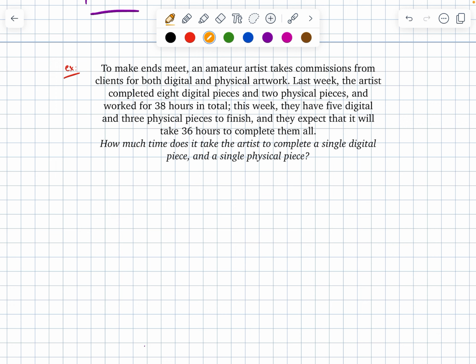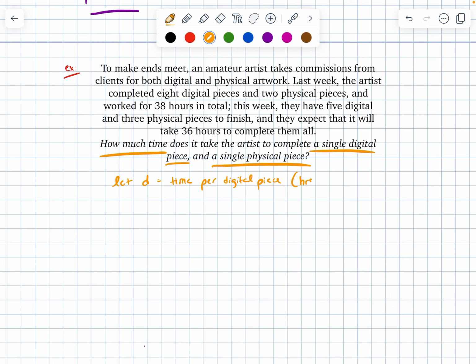Okay, let's get artistic. So, looking at my last sentence, I'm looking specifically for the amount of time that it takes to complete 1 digital piece and 1 physical piece. Thinking strategically, that means my 2 variables, maybe I'll choose D to represent the amount of time that our artist spends on each digital piece.